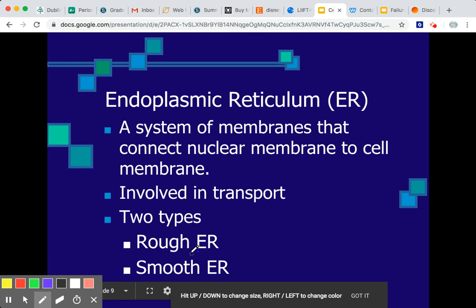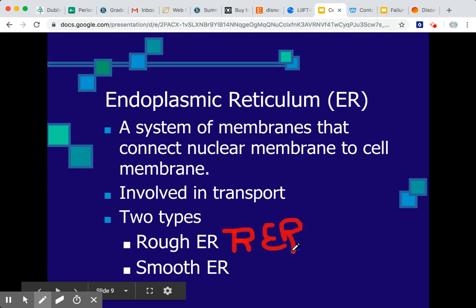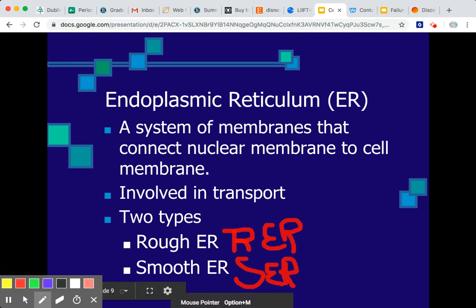In addition, if you're not really fond of writing out endoplasmic reticulum, you can abbreviate rough endoplasmic reticulum as RER and smooth endoplasmic reticulum as SER. It just saves you from having to write this out every time. If you use RER or SER, any biologist will know what you're talking about. So don't think that these are universal terms.